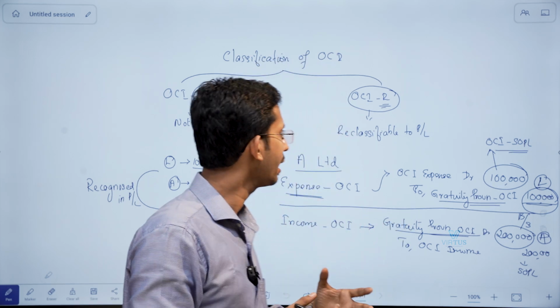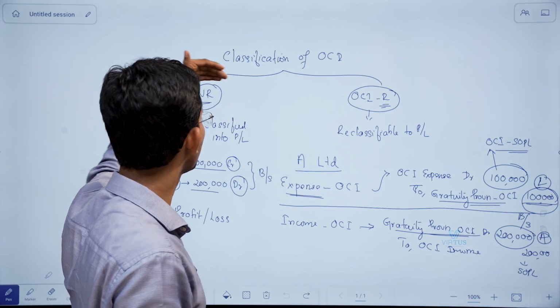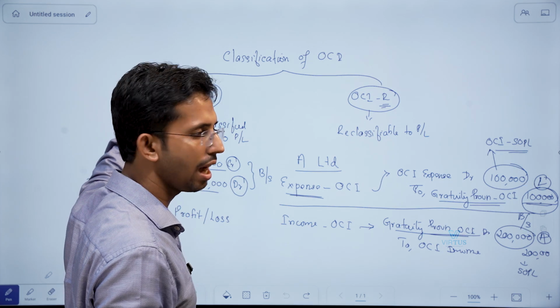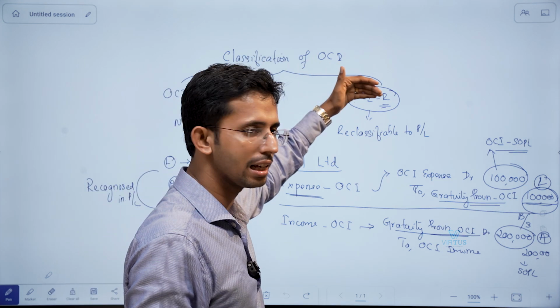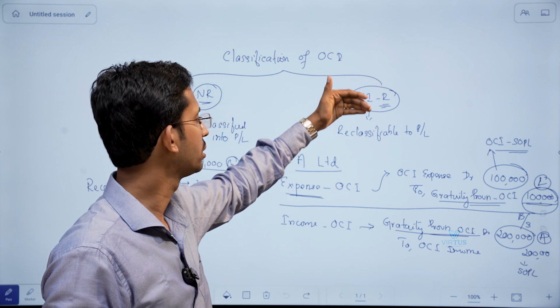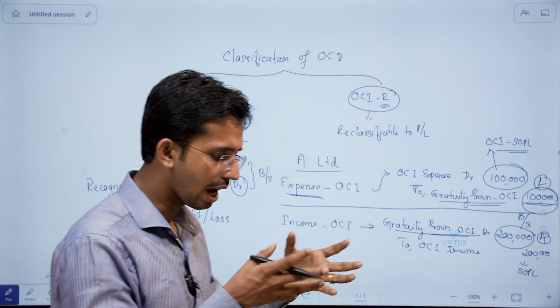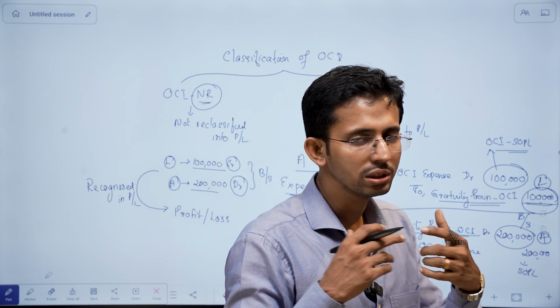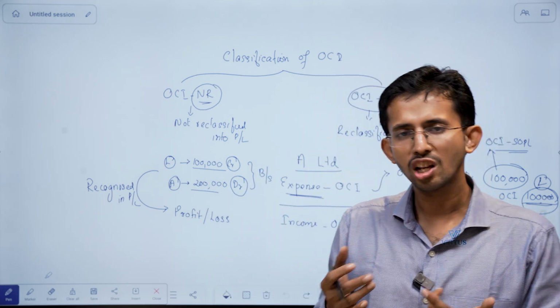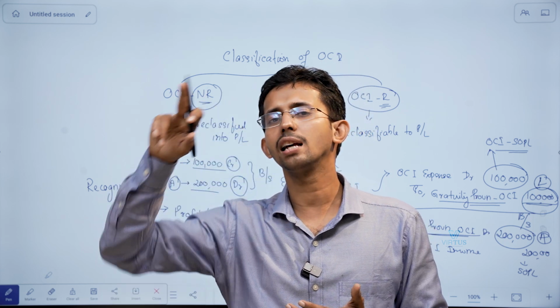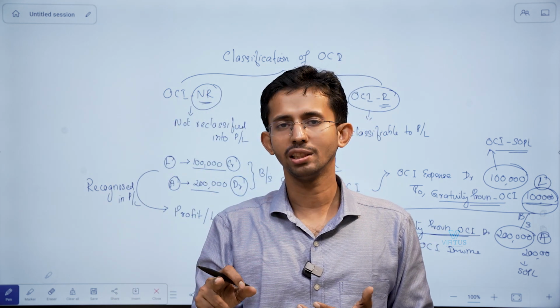OCI items can be classified into two categories, that is OCI non-reclassifiable, OCI NR, and OCI reclassifiable, that is OCI R. This is NR, this is R. OCI R means these are OCI items which upon de-recognition from the balance sheet should be reclassified to profit or loss itself.